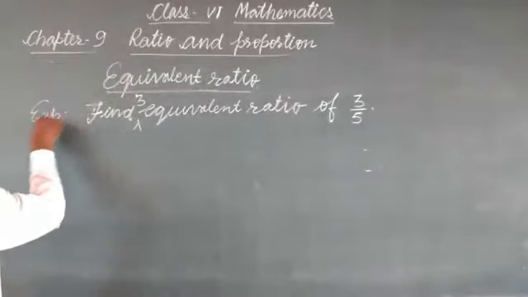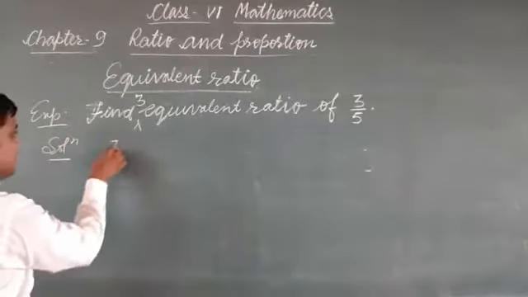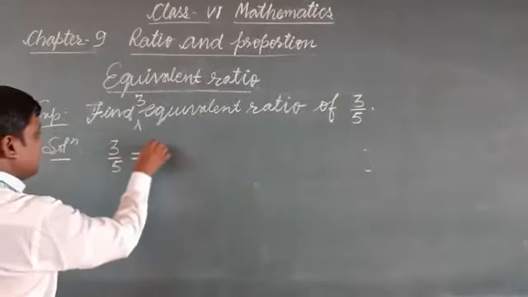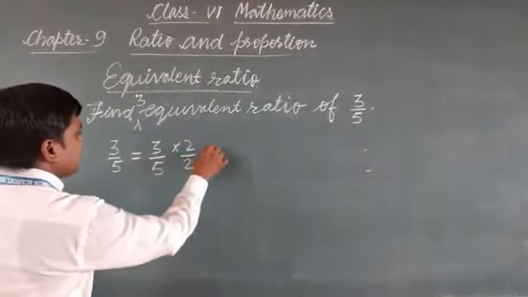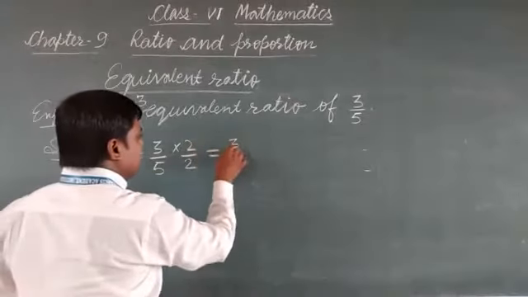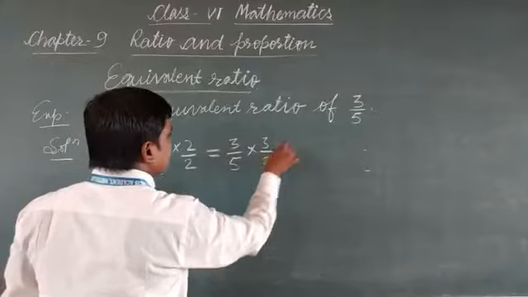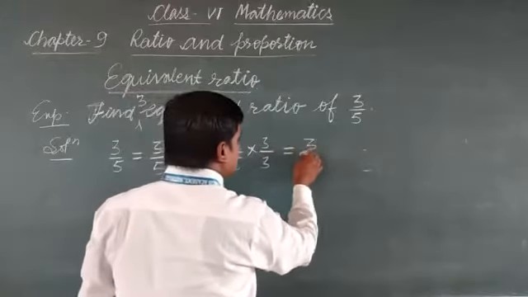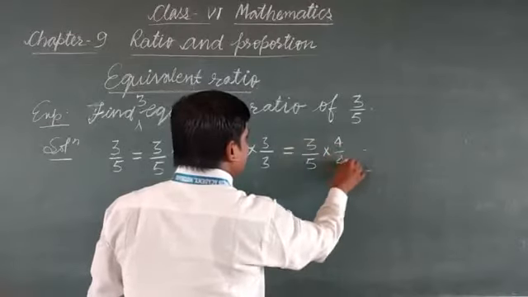So the solution of this is: 3/5 is equal to 3/5 multiplied by 2/2, multiplied by 3/3, multiplied by 4/4.